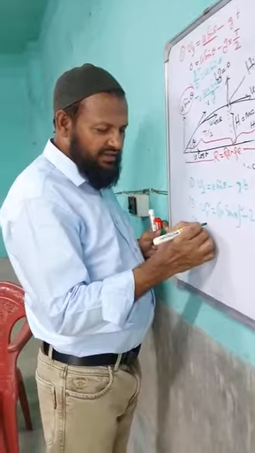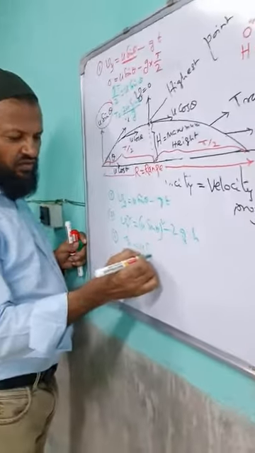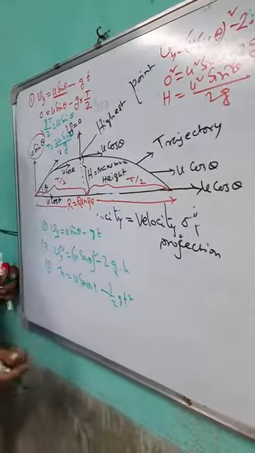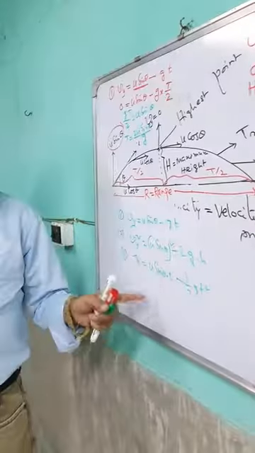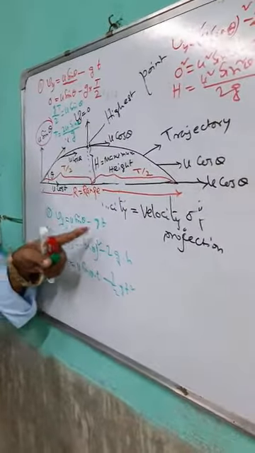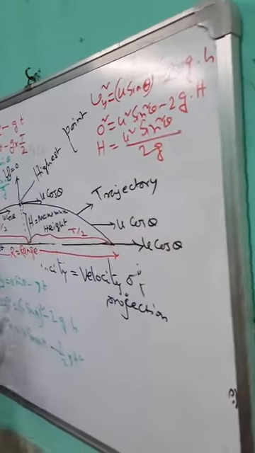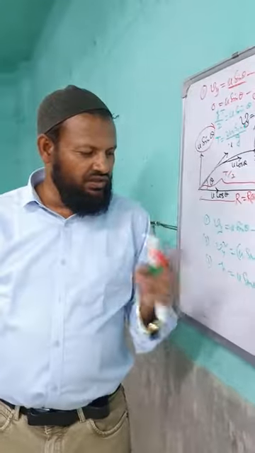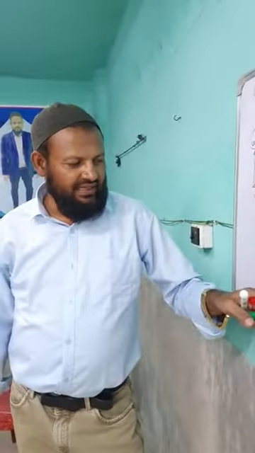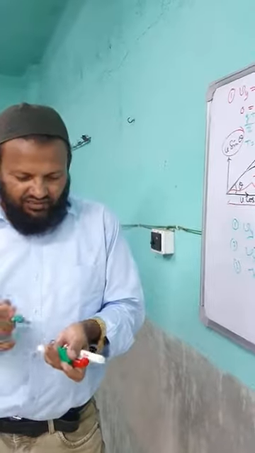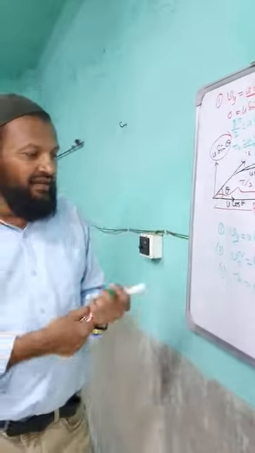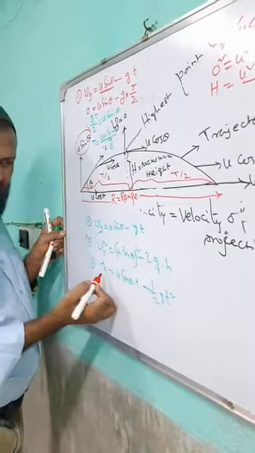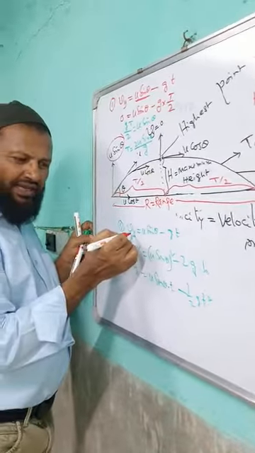Third formula: h equal to u sin theta into t minus half gt square. Now, these are the vertical motion equations. v equal to u minus gt, here u is u sin theta. v square equal to u square minus 2gh, and h equal to u sin theta into t minus half gt square. Now, these are the variable equations. Here h and vy are variable, here t and h are variable, here t and vy are variable.